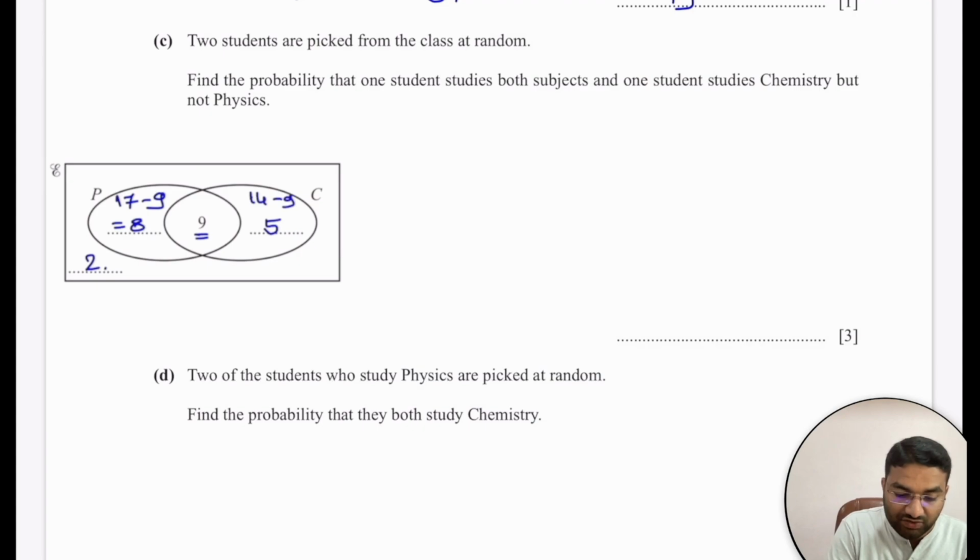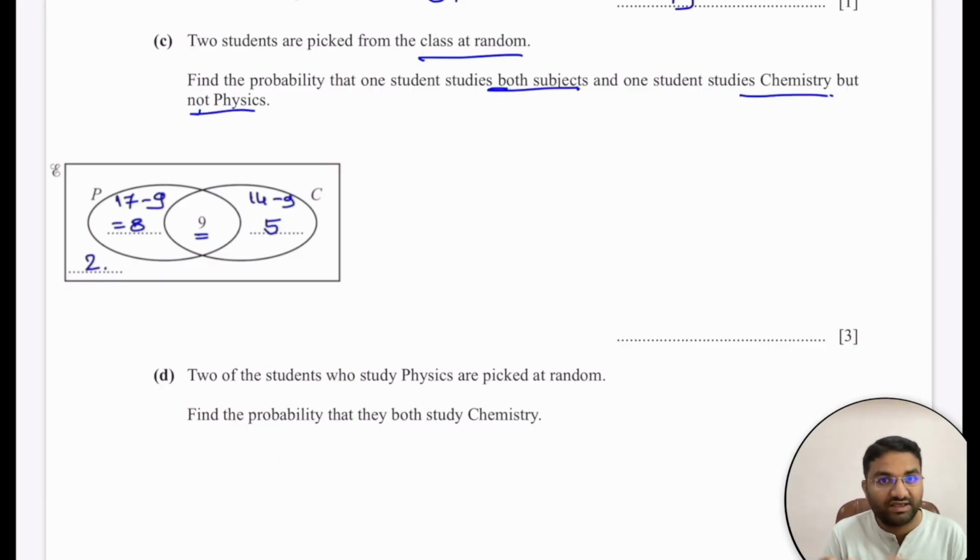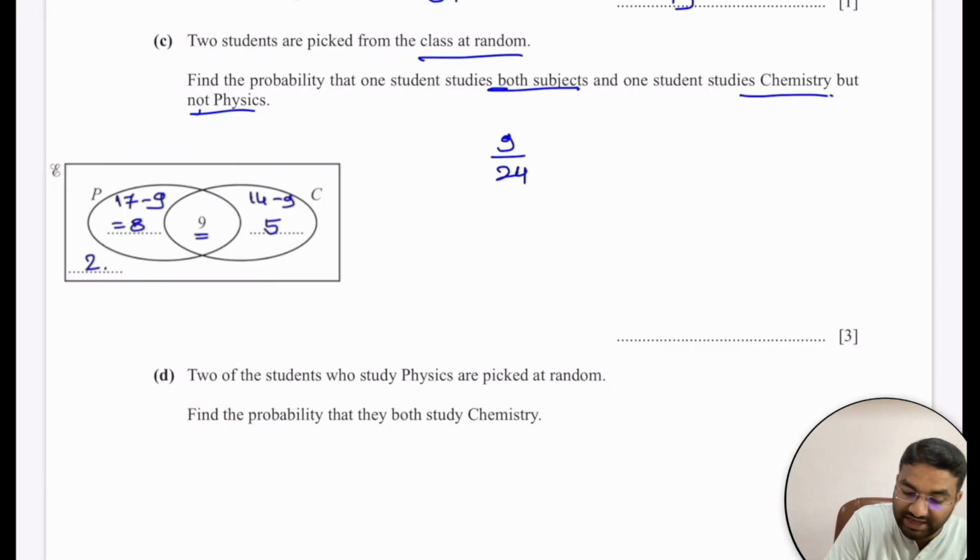Now here 2 students are picked from the class at random. Find the probability that one student studies both subjects and one student studies chemistry but not physics. So for both, you have 9 out of 24, and just chemistry is 5 out of 23, because you have already chosen one.